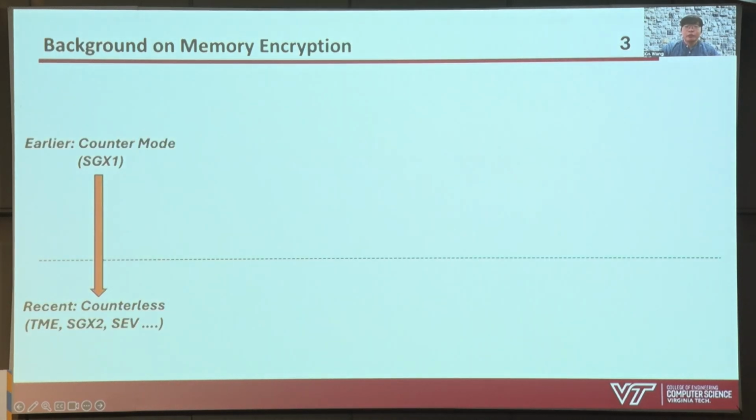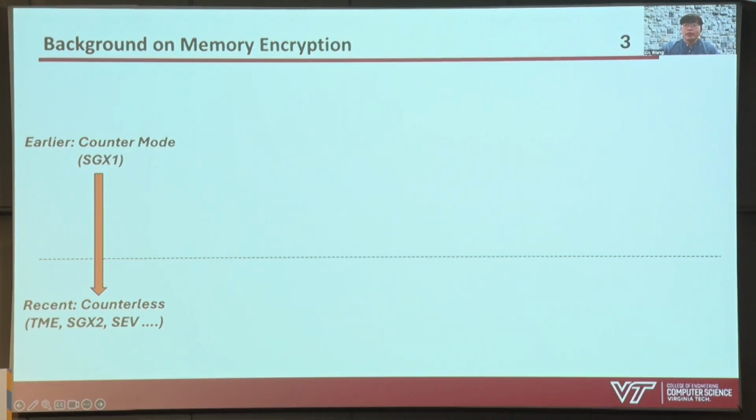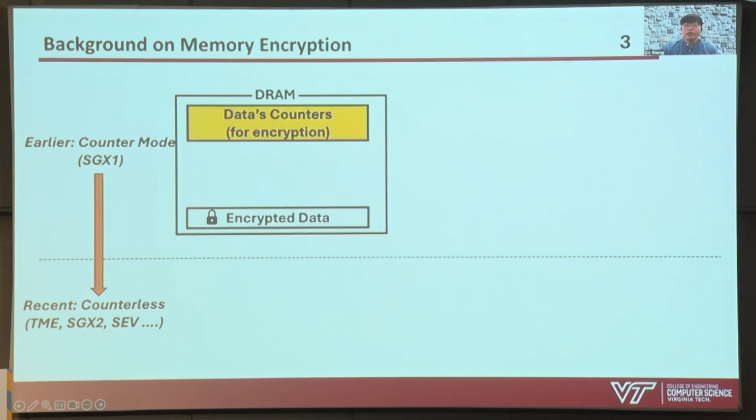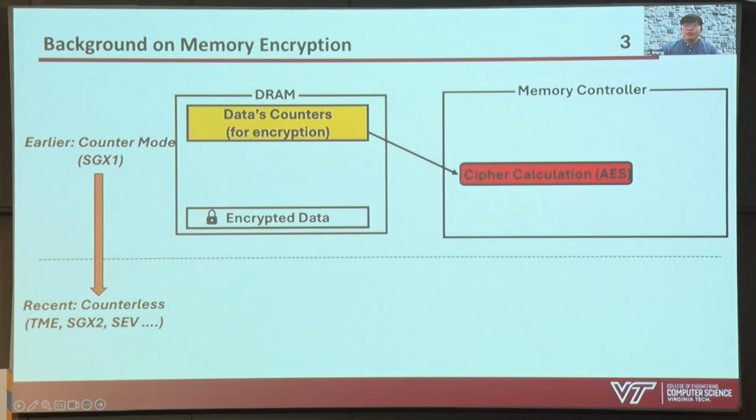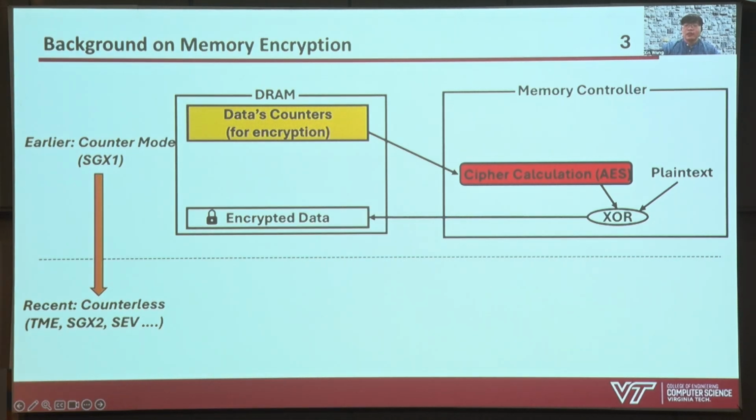The CPU encrypts DRAM blocks for confidentiality. Mainstream memory encryption today is moving from counter-mode encryption, like Intel SGX1, to encryption without counters, like Intel TME, SGX2, and AMD SEV. We call them counterless. Counter-mode encrypts each block with an increasing counter. The memory controller performs cipher calculation like AES on the block's counter and XORs the result with the plaintext to get the ciphertext.